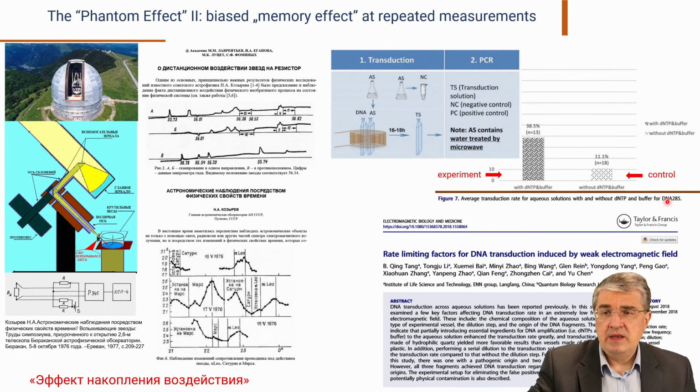The second manifestation of the phantom effect is known as the memory effect. It appears in specific locations, and probably it was first discovered by Kozyrev in the Soviet Union, again in the 60s. One of Kozyrev's hobbies was exploration of the sky for the true position of stars.